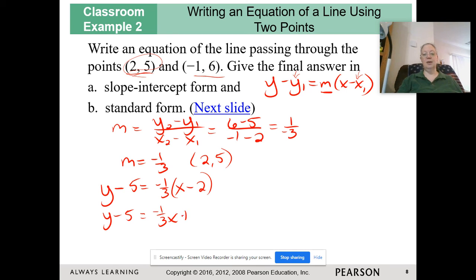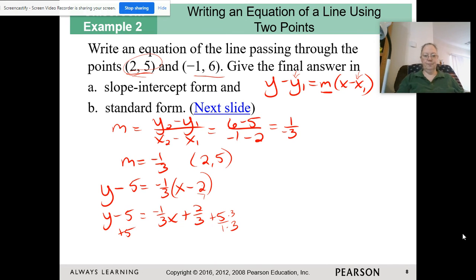We're going to multiply. Remember, multiply the top, multiply the bottom. Okay, so add 5. Need a common denominator. So I'm going to move this out of the way real quick.